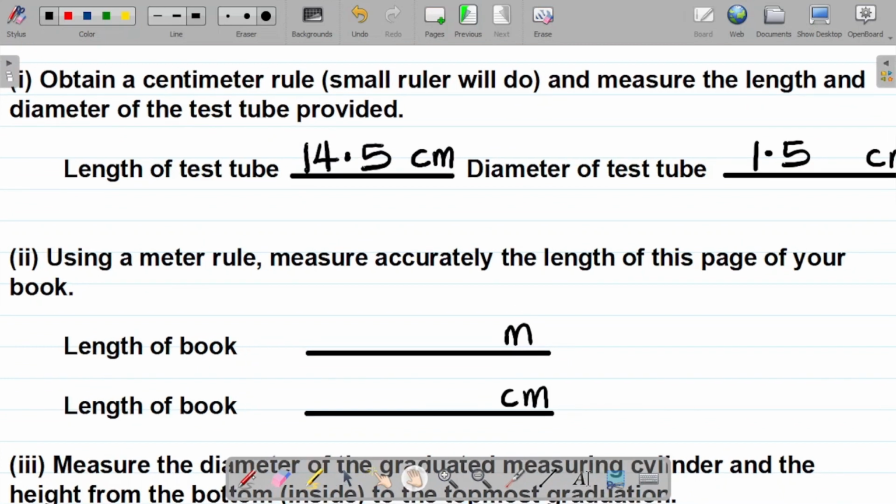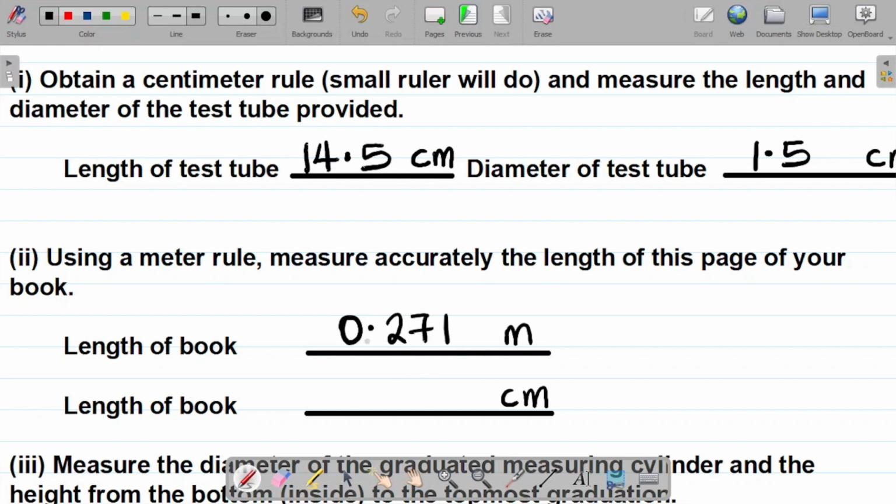All right, moving on. It says, using the meter rule, measure accurately the length of this page of your book. When I measured using a meter rule, I got 0.271 meters. Now I'm asked to find the length of this book, but this time in centimeters. So I would have to convert this value from meters to centimeters by multiplying by 100.